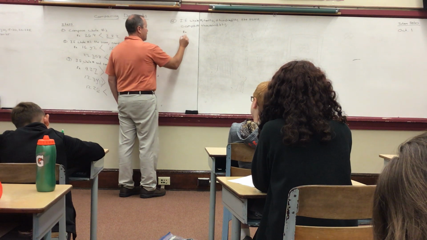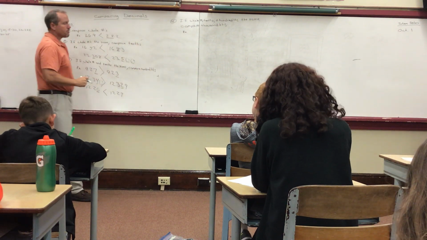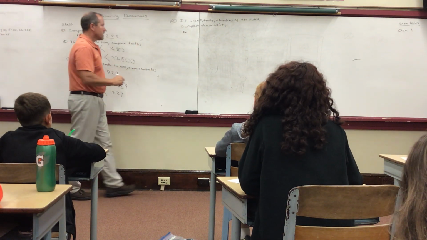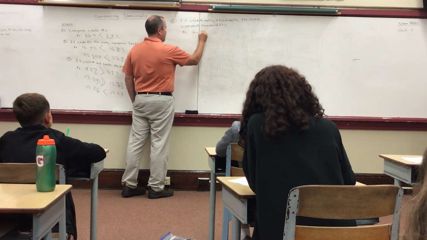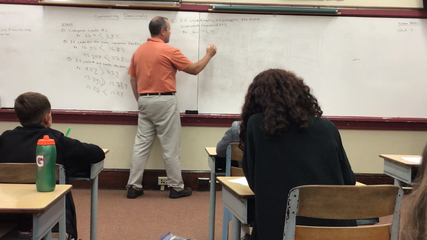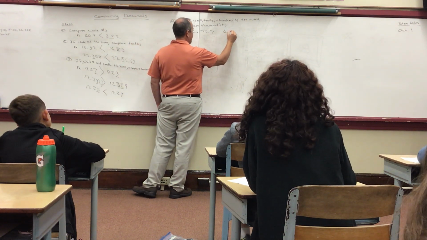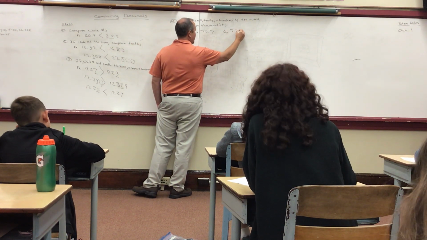For example, 6 and 727 thousandths compared to 6 and 729 thousandths.